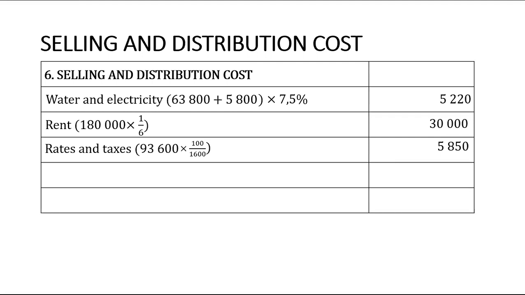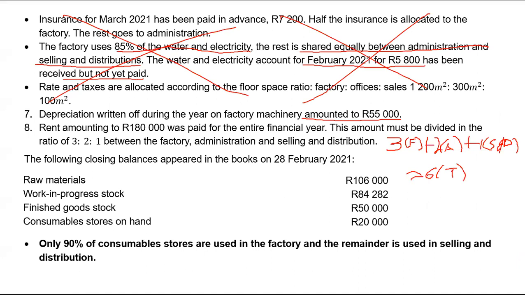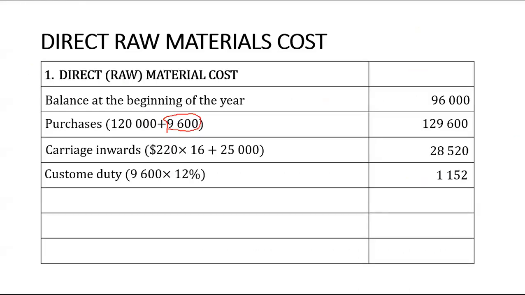Let us read further. Then they say we've got the following balances that appeared in the books on the 28th of February. I am basically done with that one for rent. So we've got raw materials of 106,000. That one will be taken to my raw materials, and I will record it in brackets, because we subtract the balance of raw materials.